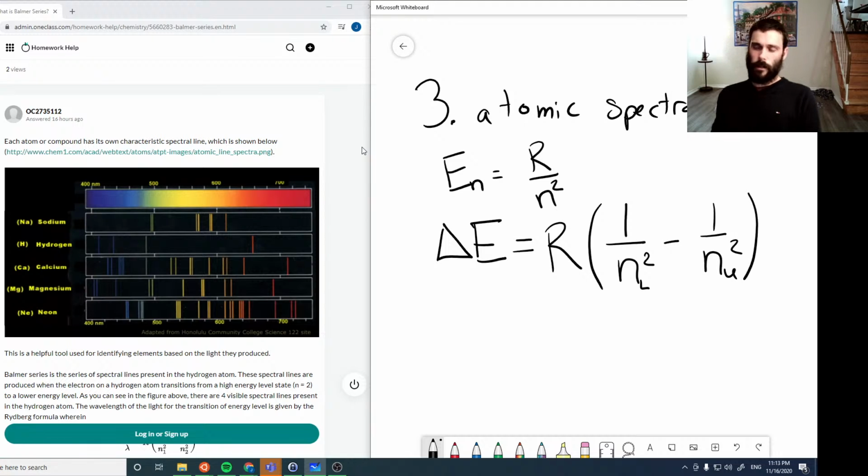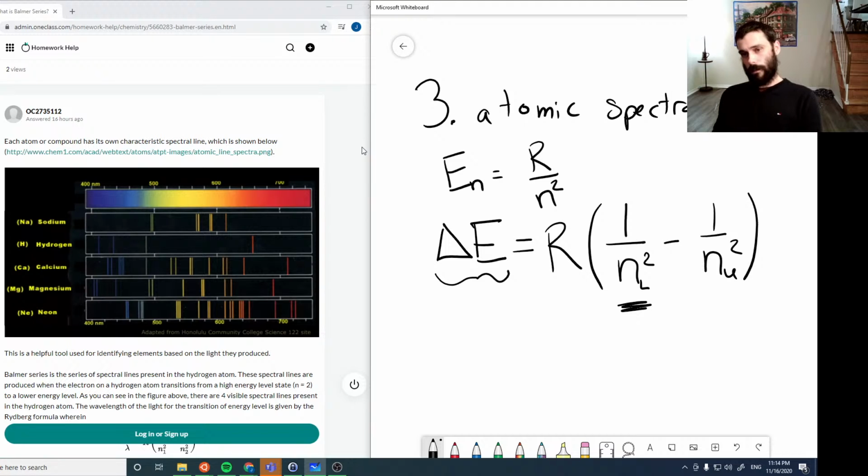The reason I say it like this is because depending on whether you're talking about absorption or emission, the delta could be construed differently, but your energy will come out negative if you use an upper n here. So you always want to use the lower level's n value.